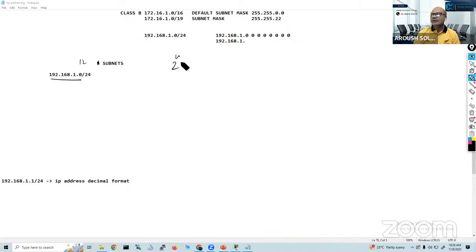Okay, the formula, as you know, is 2 to the power of n is greater than or equal to your number of subnets. You want 12 subnets.